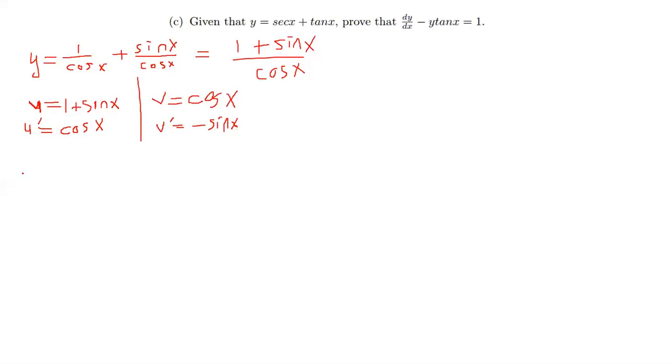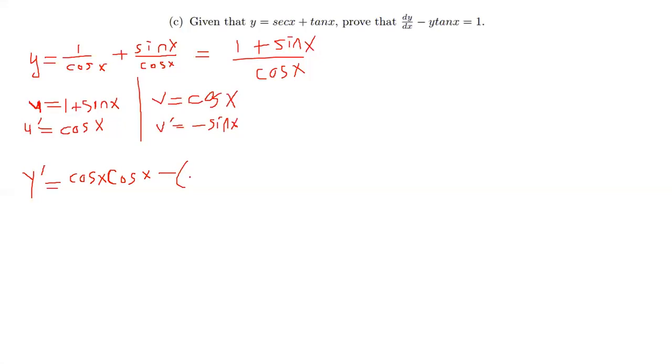So our quotient rule now to find y prime is going to be v, which is cos x, times u prime. So u prime is also cos x. And then we say minus, open brackets. We write our u.